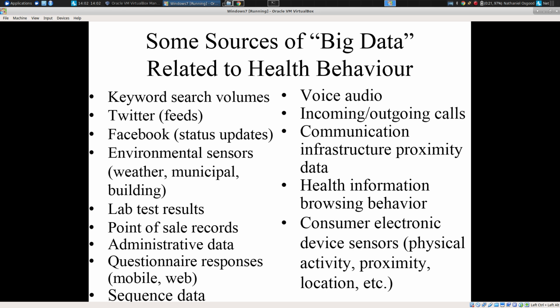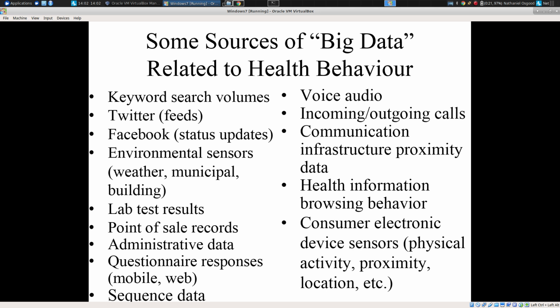And I would also note communicational behavior, keyword search volumes online. Some of you may have seen the posters about that. Uses of Twitter and Facebook, for example, post status updates on Facebook or Twitter feeds, something that Xiaoyan has done a lot of work with and that Lujie has helped with also.